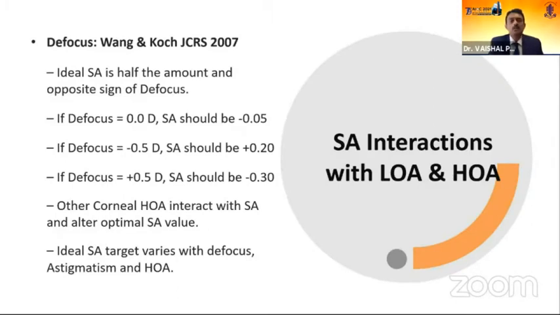But Wang and Koch in JCRS 2007 published a very novel concept. They said the spherical aberration is half the amount and on the opposite side of defocus, meaning the lower order aberrations and higher order aberrations interact. You cannot dissect and individualize each aberration.